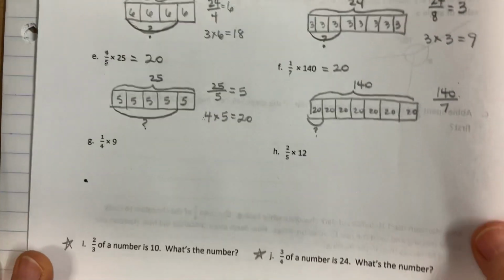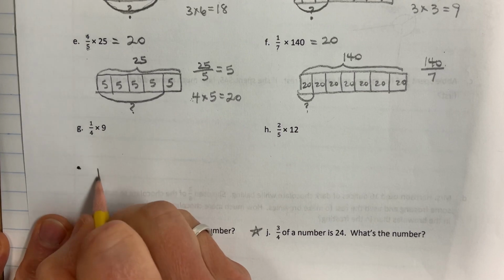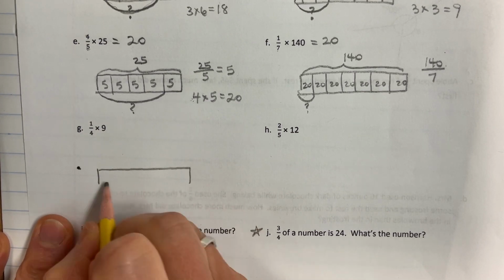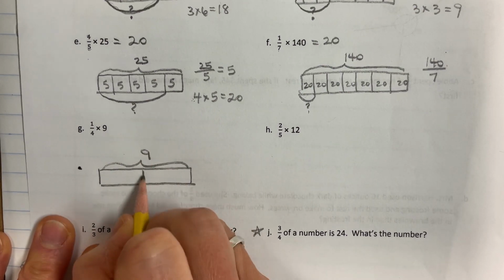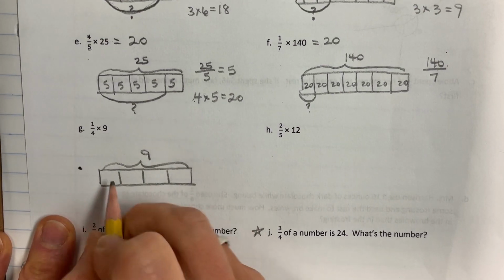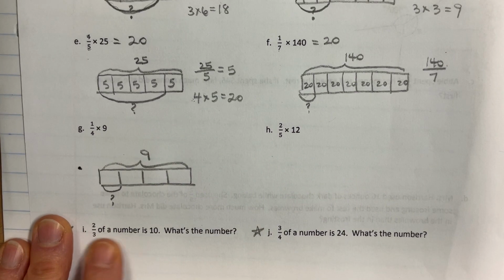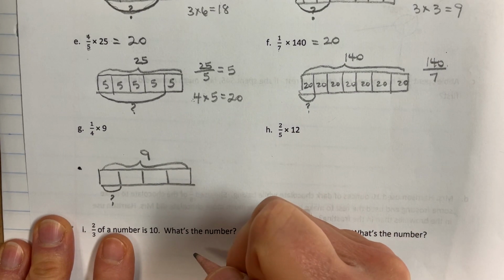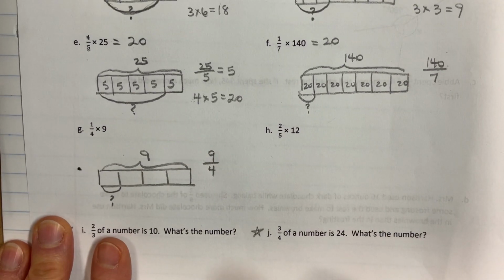Okay, now these two are a little bit different, and you'll see why in just a second. My total on this one is 9, but I'm looking at fourths, and I'm looking for 1/4. Now, why would I say this one's a little different? Well, when I go to decide what goes in each box, 9 divided by 4, that doesn't divide out evenly, but I can still do it.